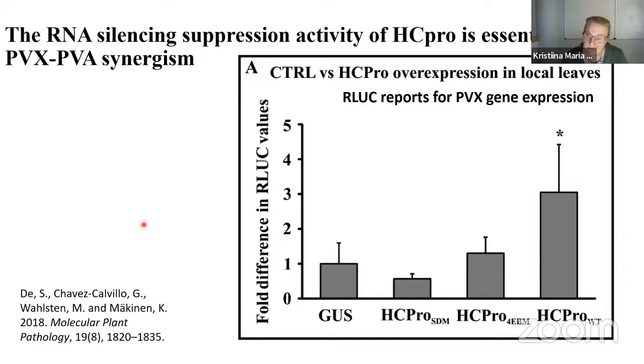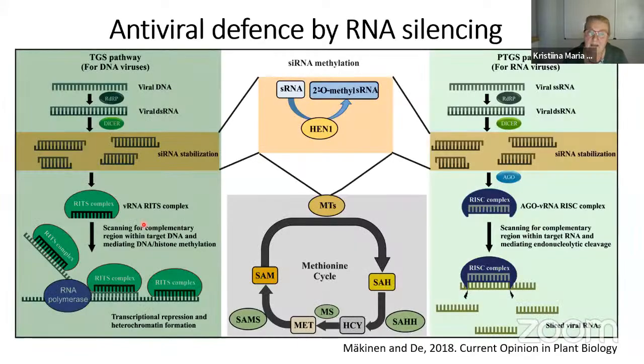And if we look at the RNA silencing pathways in plants during virus infection, there is the transcriptional gene silencing pathway for DNA viruses, and for RNA viruses the post-transcriptional gene silencing pathway is activated.